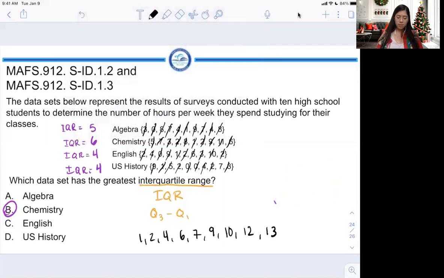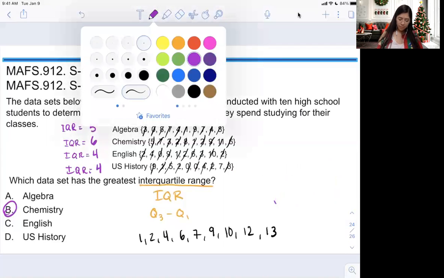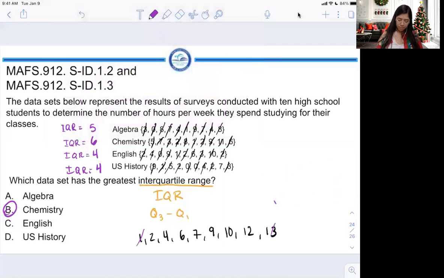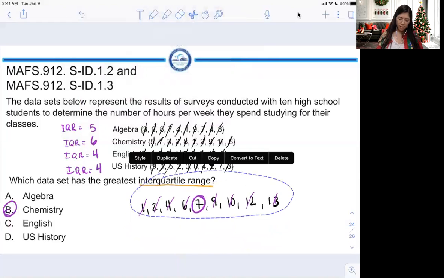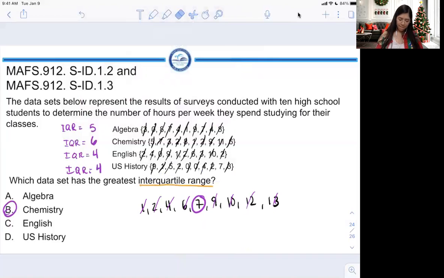Let's say those were my numbers, and I was looking for the median. 7 is my median, right? And then I need to find my Q1, so I have to look to the left. Should I include that 7? Yes or no? I think no.